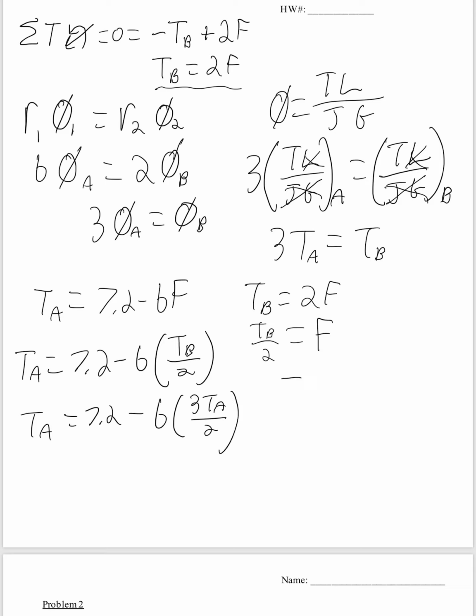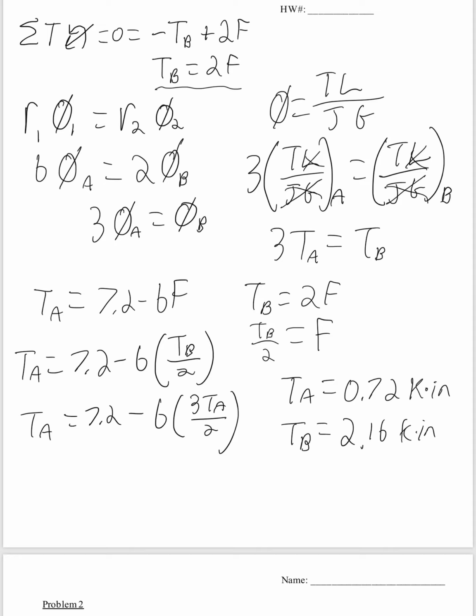Solving that, we get TA equals 0.72 kip-inch. And then plugging that back in, we get T sub B equals 3 times that, so 2.16 kip-inch.